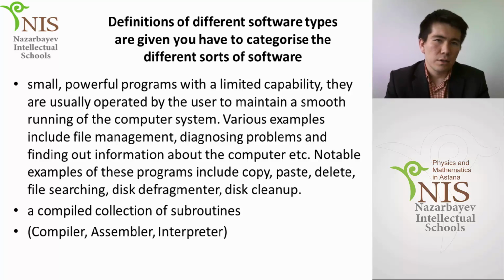So here I'd like you to look at definitions of different software types, and you have to categorize the different sorts of software. So let's read the definitions. Small, powerful programs with a limited capability. They are usually operated by the user to maintain smooth running of the computer system.